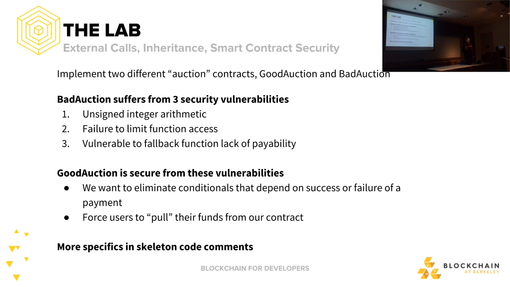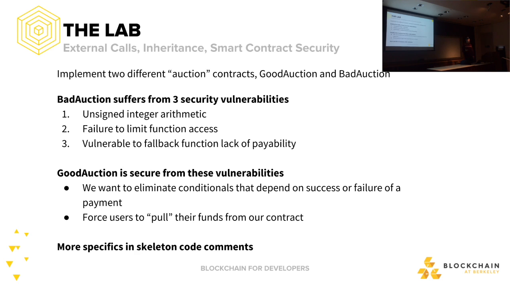Just quickly, as a hint for how you're going to approach implementing the good auction part: the problem with a fallback function not being payable is that sometimes smart contract programmers will write into their smart contract some kind of conditional that depends on the success or failure of a payment being completed successfully.